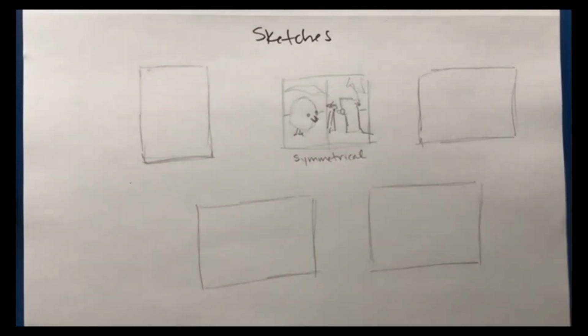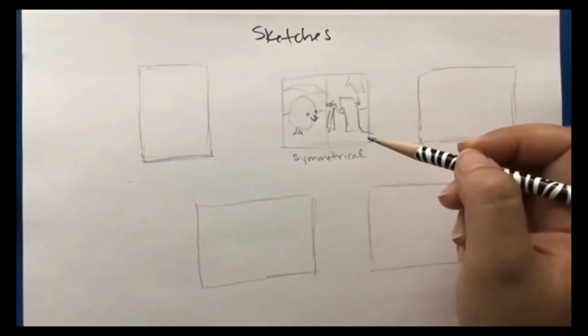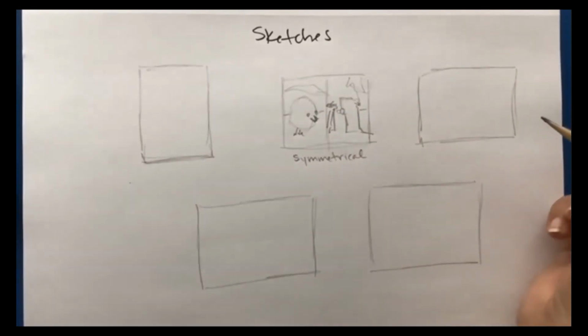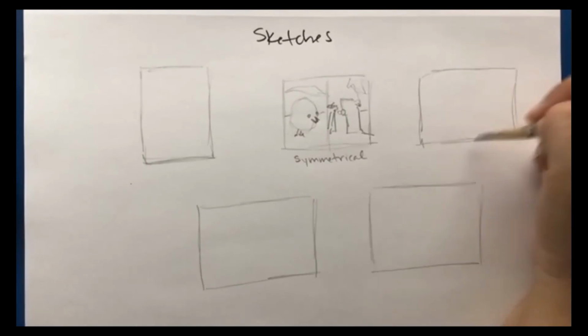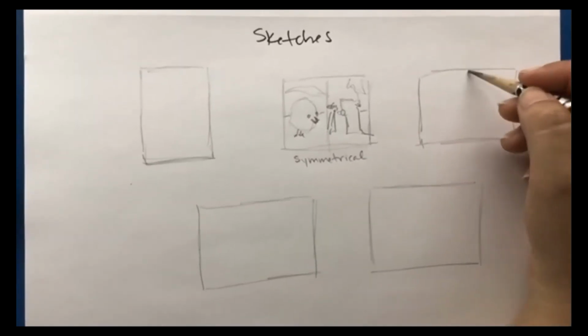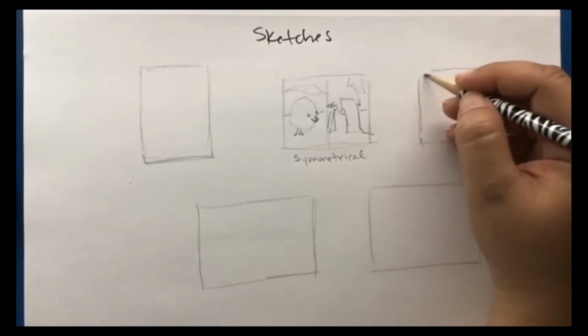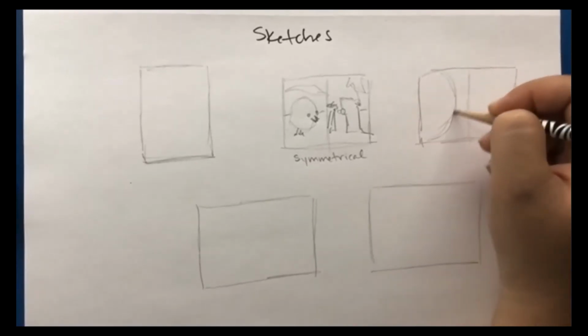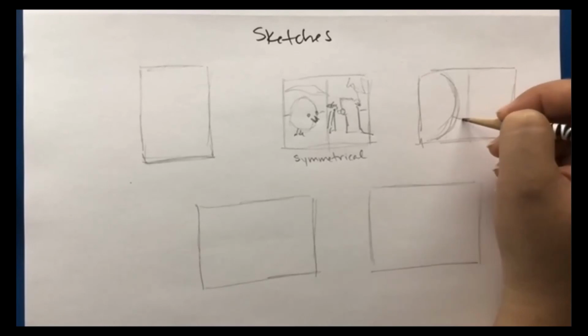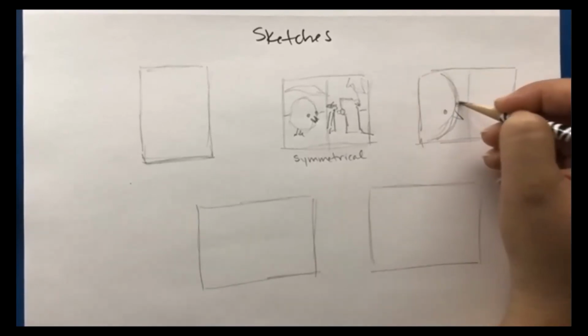Look, I didn't get into details, right? Now don't copy my sketch because you need to create your own, but you're going to come up with 5 of them. So then maybe I like these 2 animals and I want to do a new composition. Maybe I want to try it with rule of thirds, or maybe I want to do asymmetrical, where I have the bird really big coming off the edge of the paper.